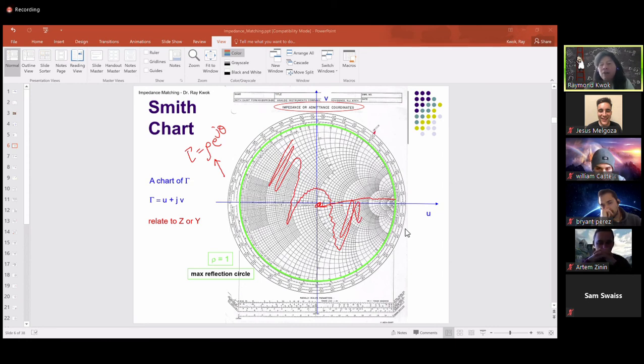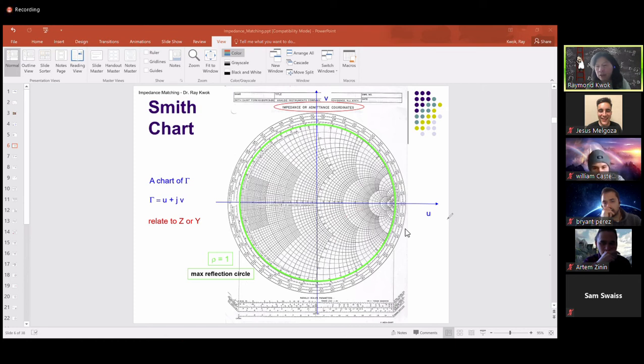Anything outside of this circle is not a realistic situation, physically impossible. So I'm only interested in everything inside this reflection coefficient 1 circle. Okay. All right. No questions?